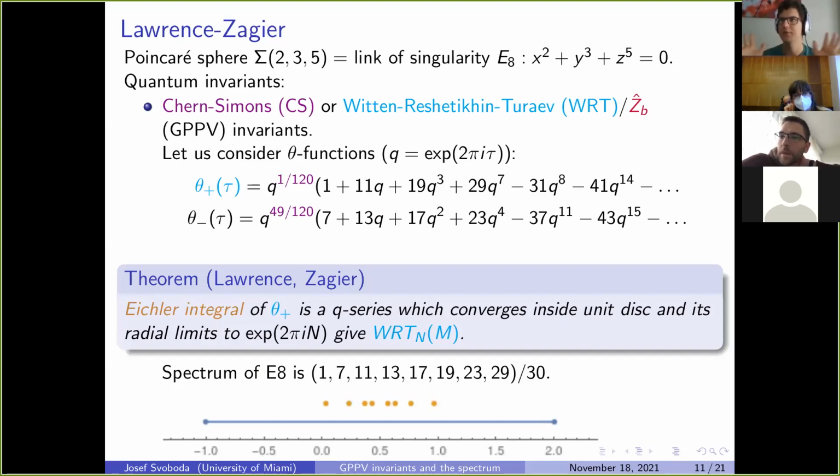I don't know these things very well, but if you take SU3 or SU4, it should still be related to Seiberg-Witten invariants, but in some more complicated way.